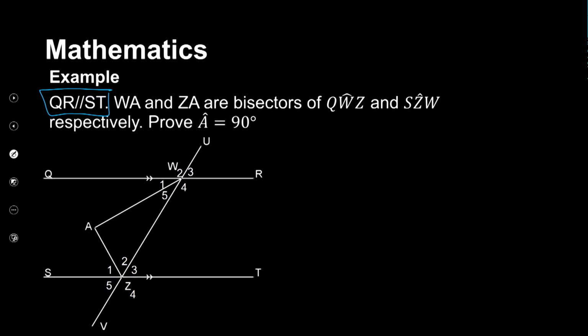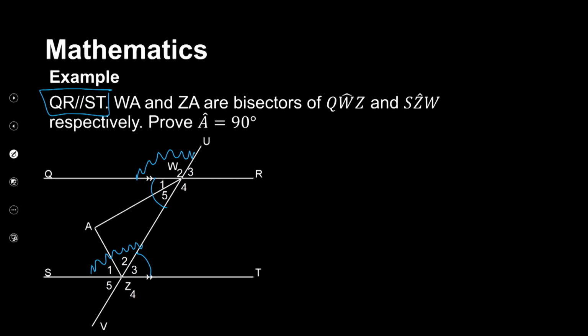What I know is this will introduce the fact that this is going to be equal to that there, and the reason for that will be alternate angles. And also, I will know that I can say this part here, which is W2, is equal to this part there, which is corresponding angles. I can talk about more things, like co-interior angles, all of those things.